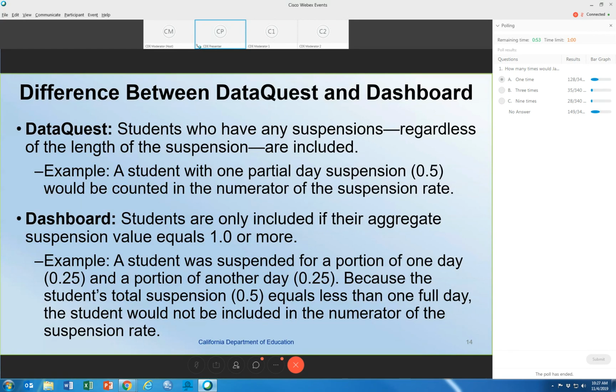So while you're doing your calculations in-house and trying to figure out what your rate might look like, the dashboard calculation should be available through all the data that you submitted on CALPADS, because you recorded it and submitted it that way. So please refer to those files to aid you in your calculations.